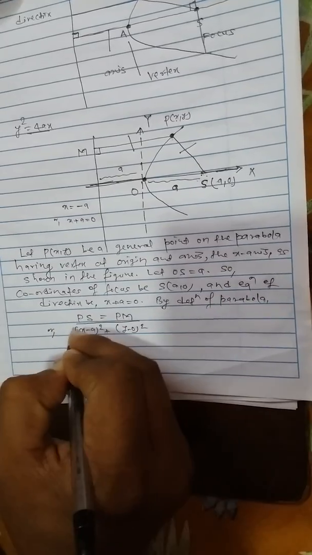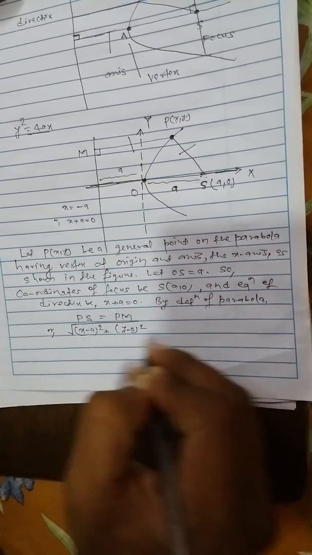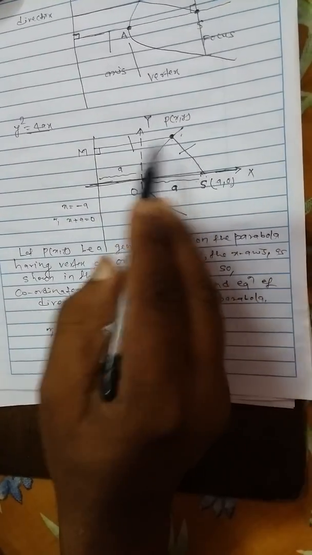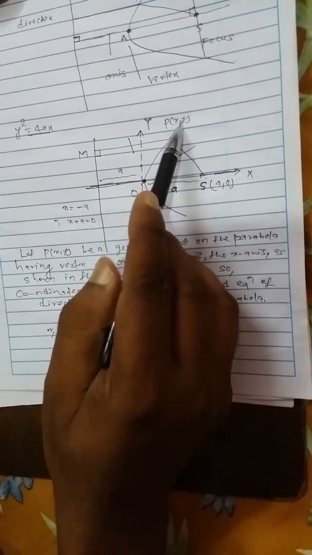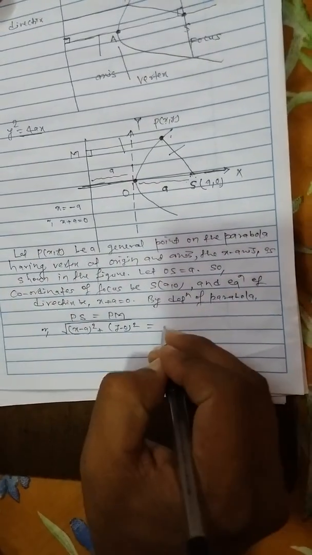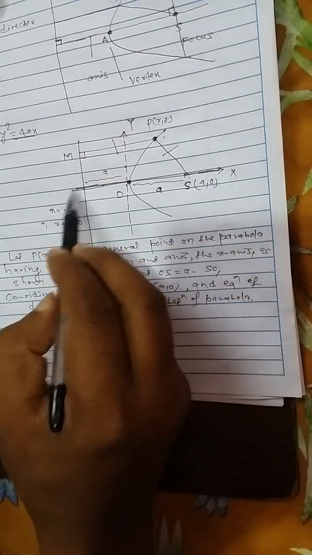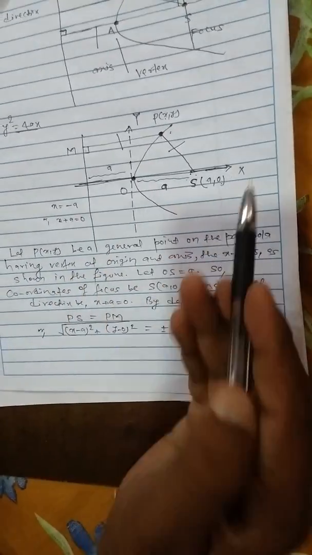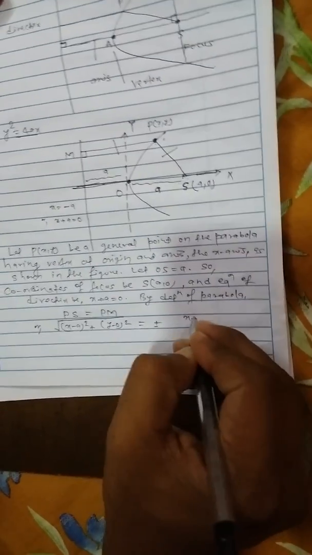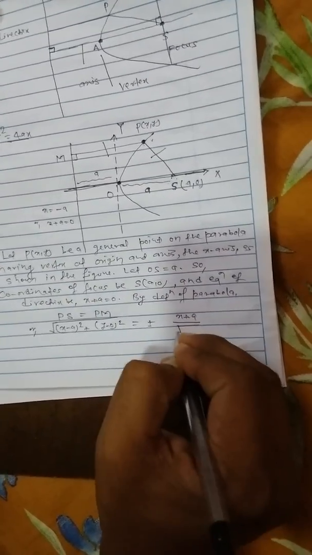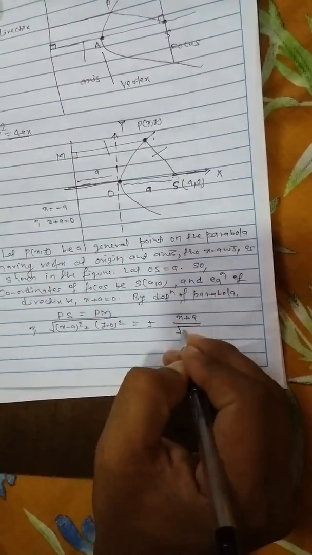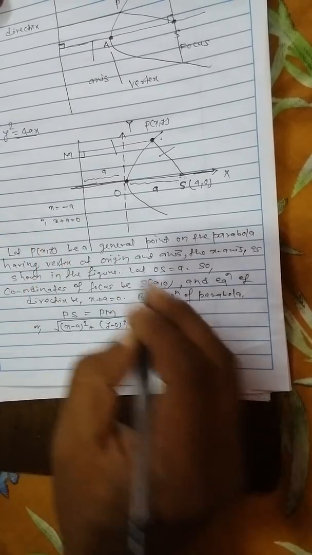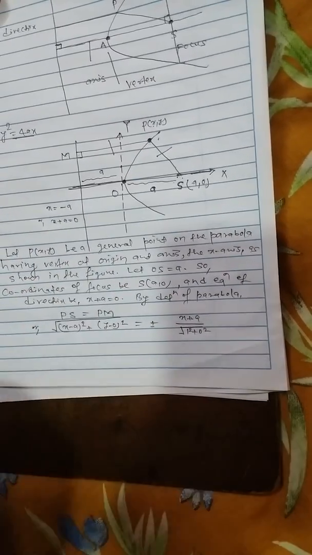And PM is the distance from (x, y) to this line, which is the absolute value of x plus a divided by the square root of a square, where the coefficient of x is 1 and the coefficient of y is 0.